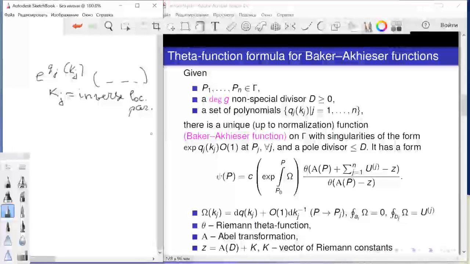For such types of Baker-Akhiezer functions, there is the following theta function representation.